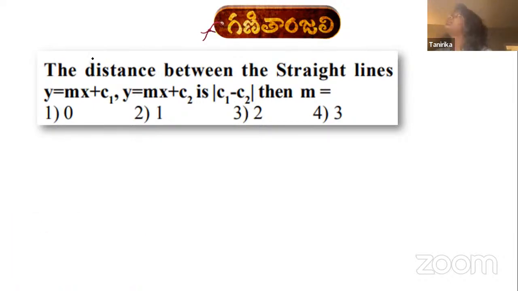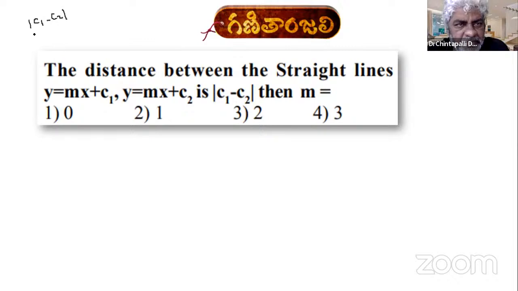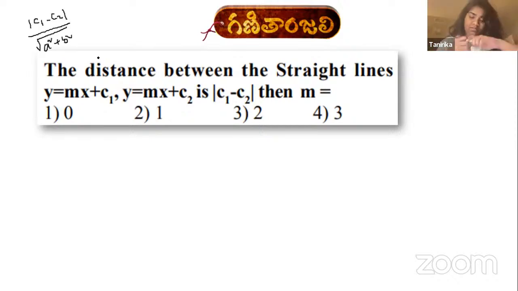Do you remember the formula to find the distance between parallel lines? Mod of c1 minus c2 by root a square plus b square. Right. C1 is c1 and c2 is c2 in this question.